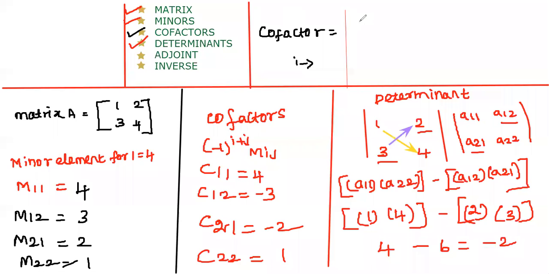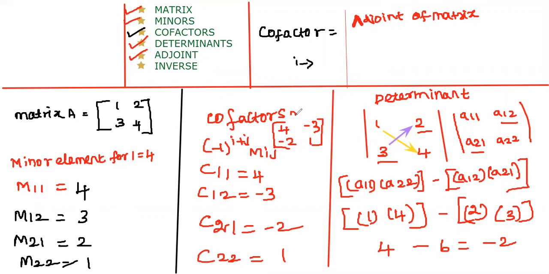Okay, so let me do the adjoint over here. Adjoint is very simple actually. Adjoint of a matrix: you just have to transpose the cofactor. Here the cofactor C11 is 4, C12 is minus 3, C21 is minus 2, C22 is 1.